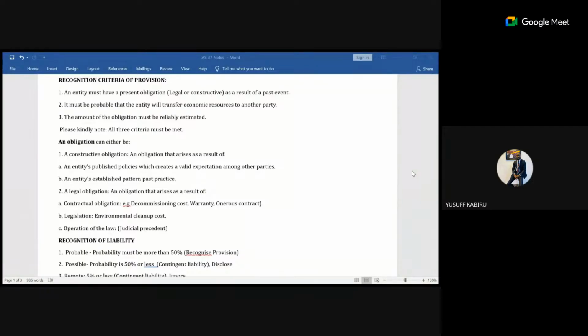Now, recognition criteria. So, as a result of the fact that provision is a standard that was introduced to improve financial reporting. So let me recap again.